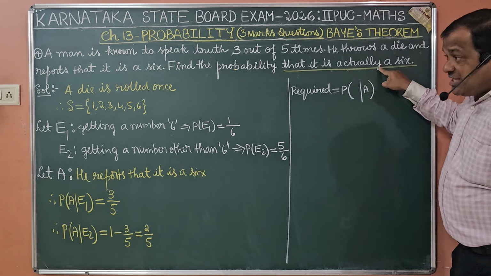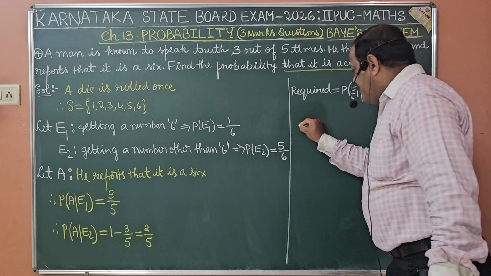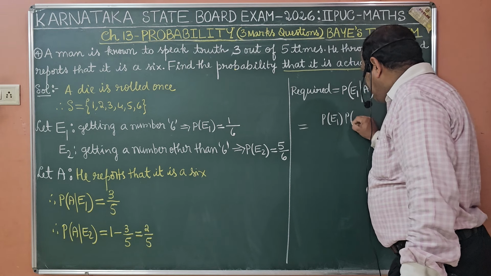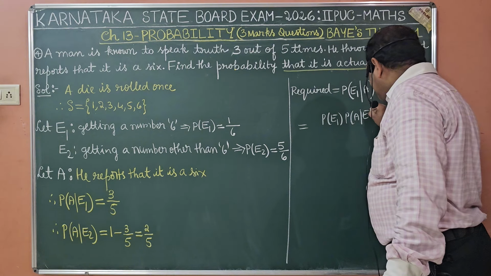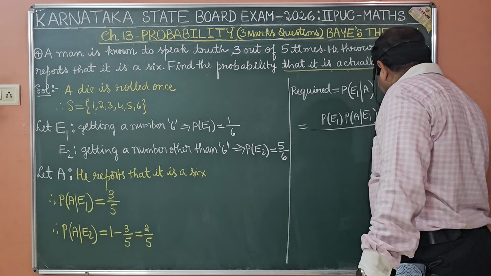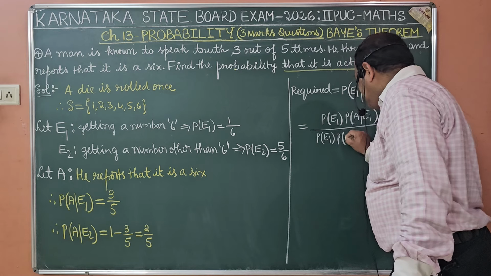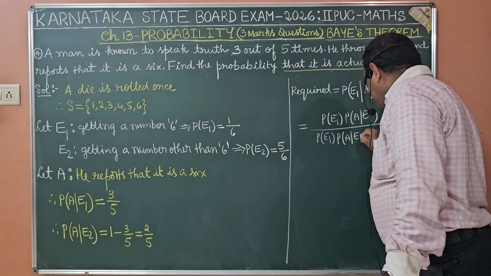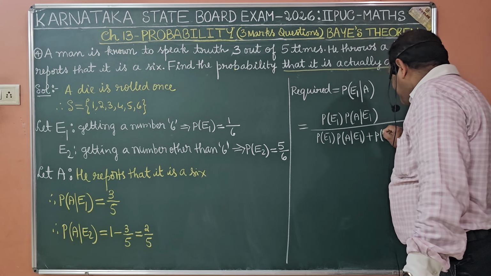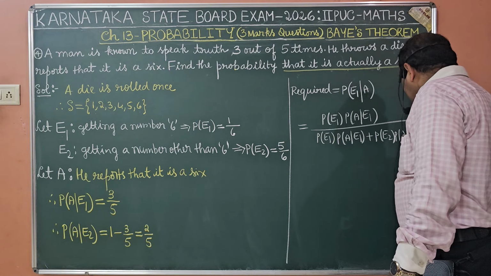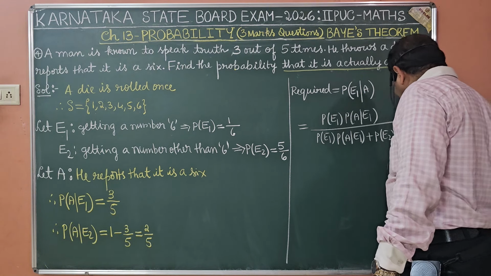So P of E1 given A. The formula is P of E1 into P of A given E1, divided by P of E1 into P of A given E1 plus P of E2 into P of A given E2.